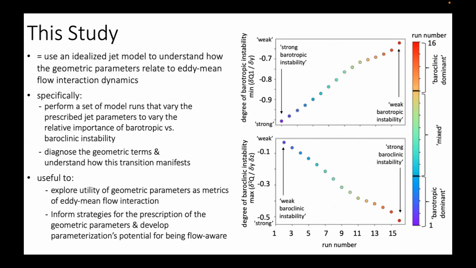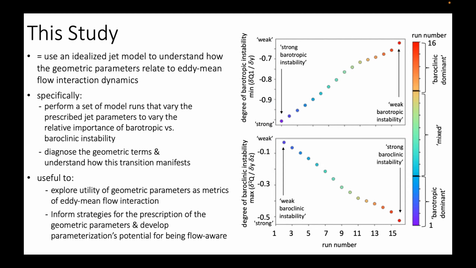All right, so that brings me to what this study is about. In this study, we use an idealized jet model to try to understand how these geometric parameters relate to eddy-mean flow interaction dynamics. Specifically, we're going to perform a set of model runs in which we prescribe the jet parameters such that we're varying the relative importance of barotropic to baroclinic instability in this jet system systematically.